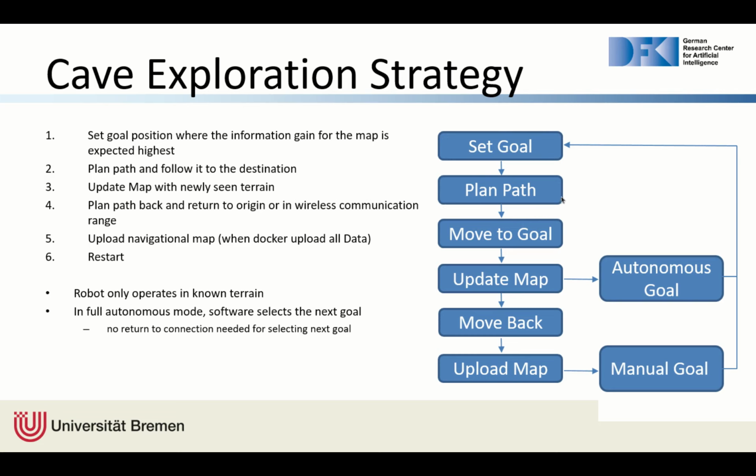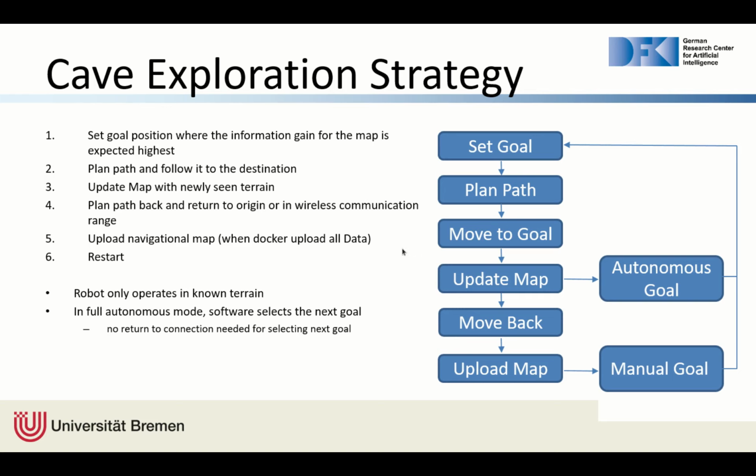After the path planning is done, there could be a simulation step, but it does not have to. After this, the robot moves to the goal position, and at the goal position it can update its map based on new sensor values. And in the initial phase, after updating the map, the robot is moving back, uploading the map to Earth. Then the operators on Earth can select a new goal, and then the cycle begins from the beginning.